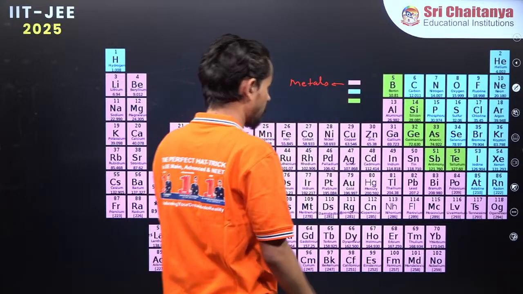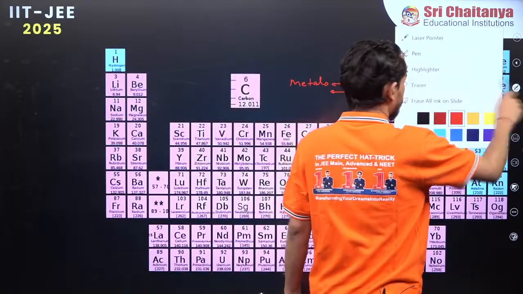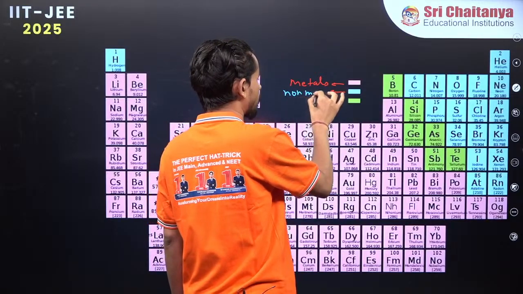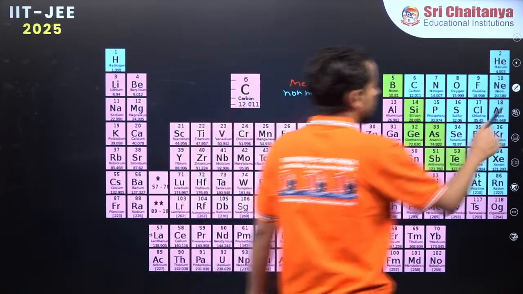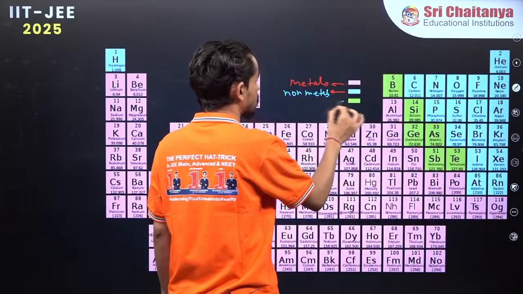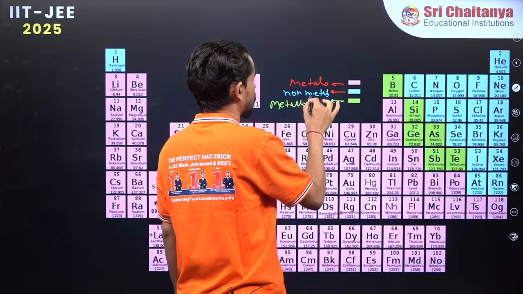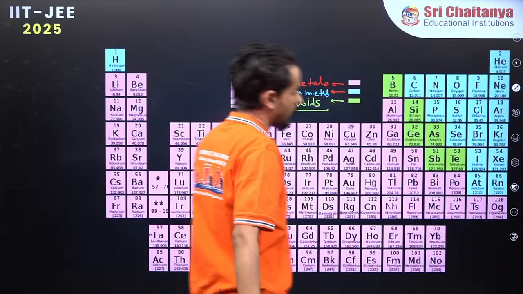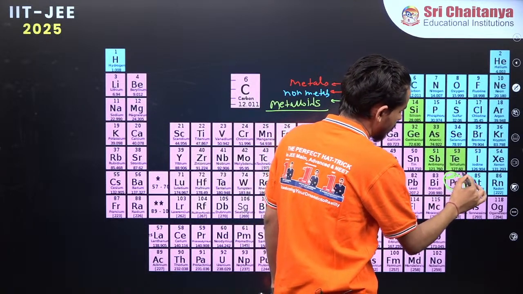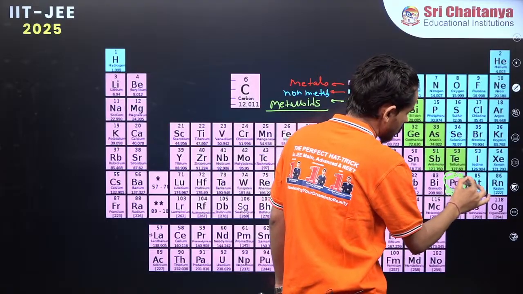Apart from that, this blue color shows us non-metals, and this green color shows us metalloids. And one more thing, this polonium, this is also green. Consider it as green only. It is also a metalloid. Polonium is also green.